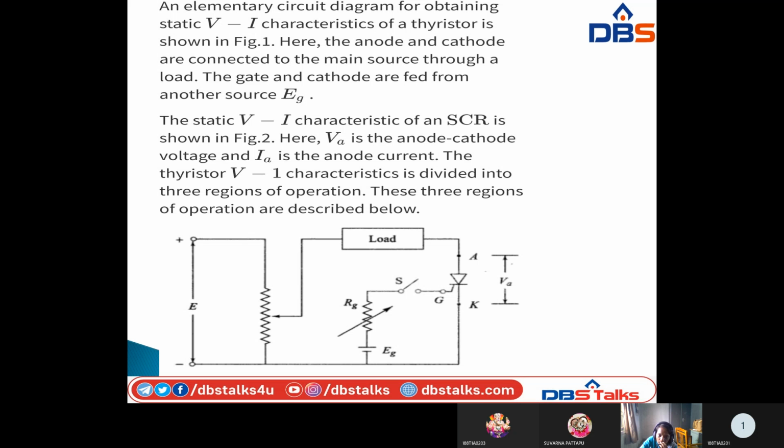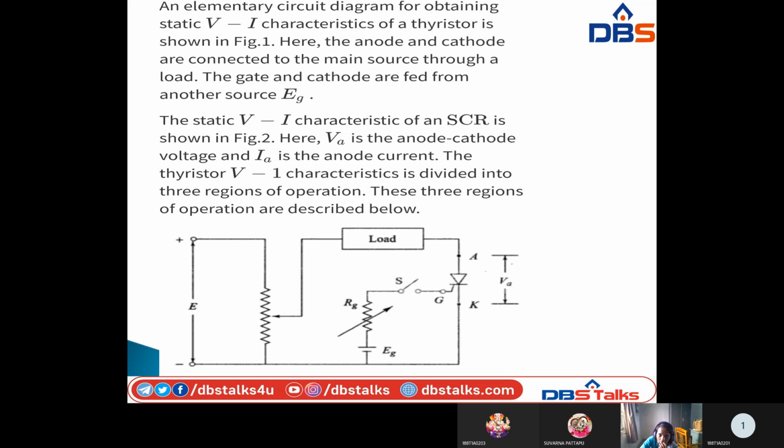This is the anode and this is the cathode. On the gate we apply an input, and there is a load. This is a varying load, so the load will be varied.